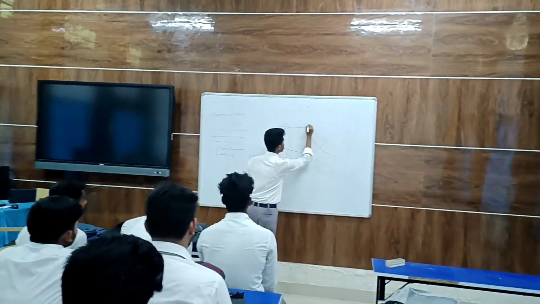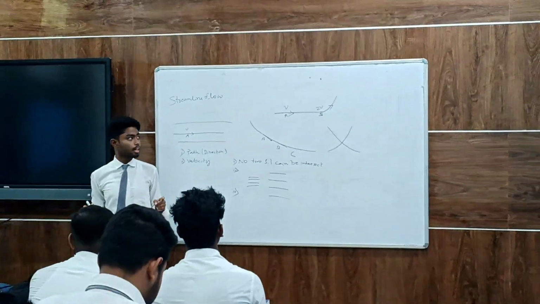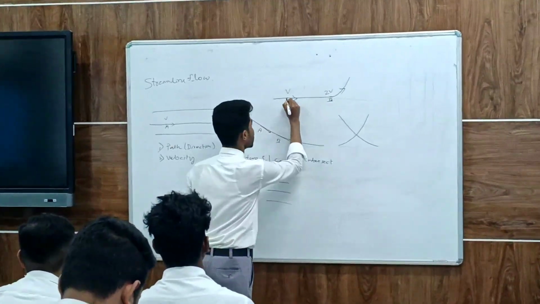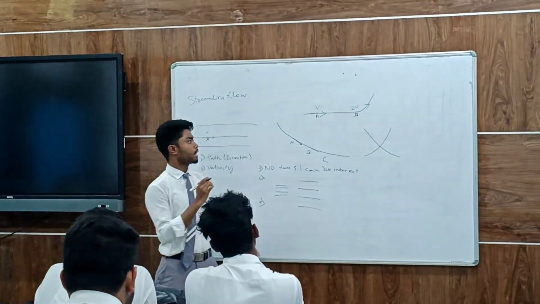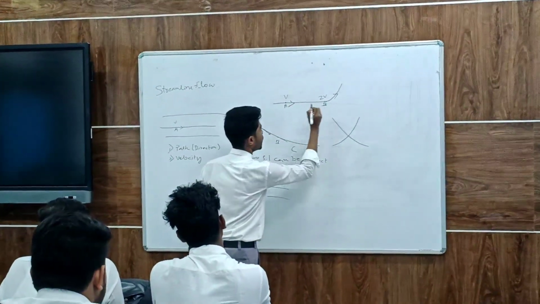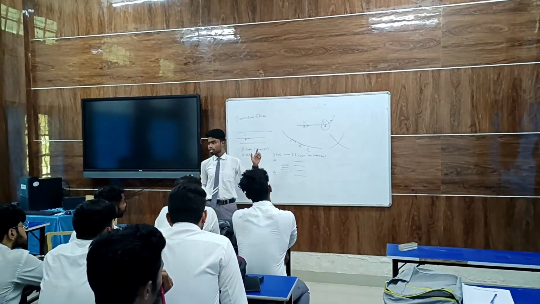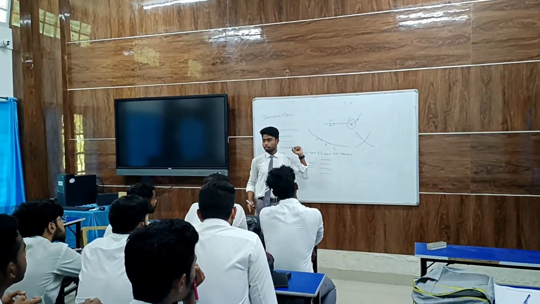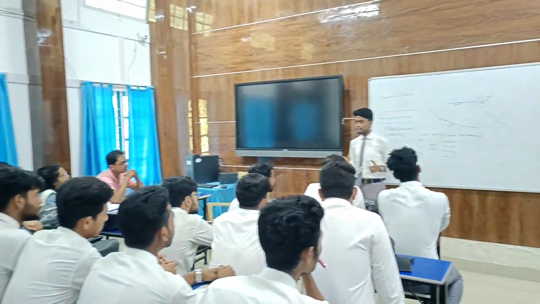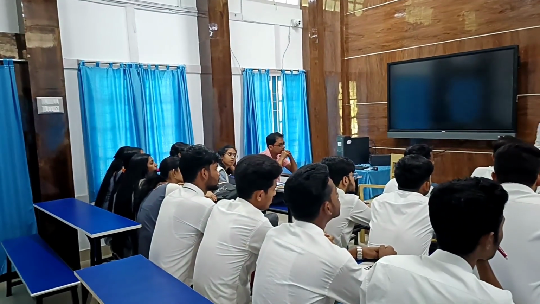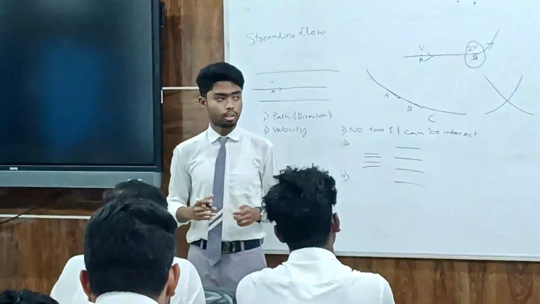It may be 2v and the direction may be upward. So whenever a particle comes at point A, the velocity is v, and whenever a particle comes at point B, the velocity is 2v. For a particular point, if the velocity and direction remain constant, then the flow is called streamline flow or streamline motion.